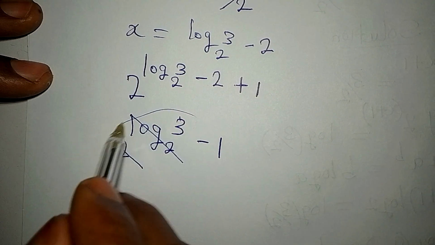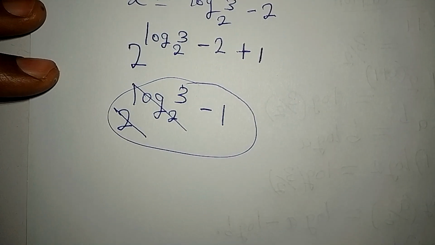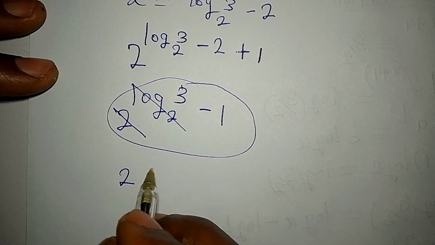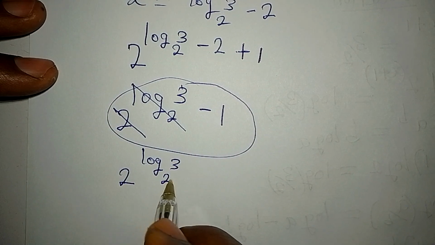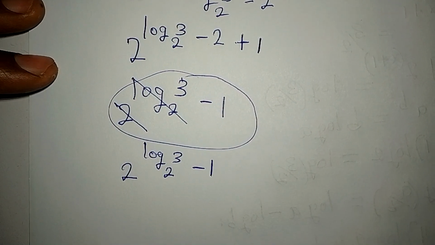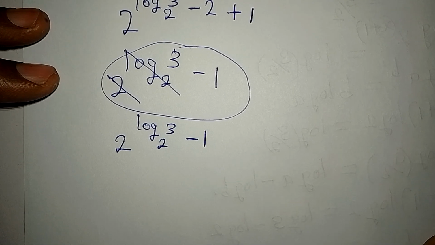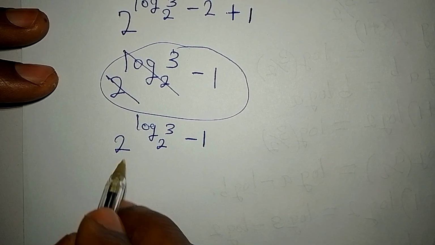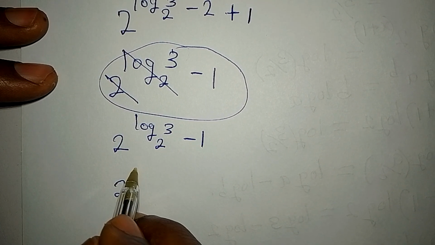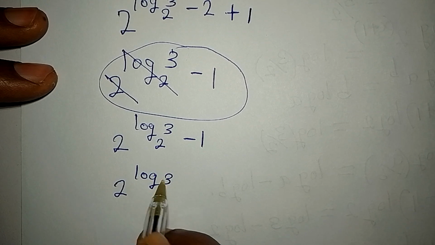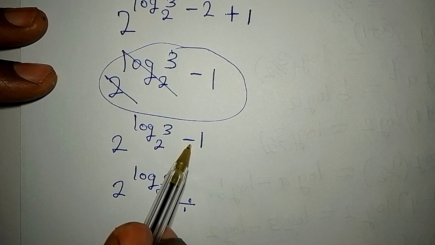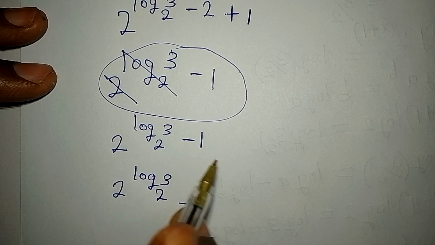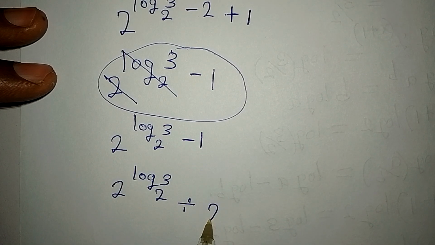But even before then, let's work this. There's something I want to show you. If we have 2 to the power of log 3 to base 2, then we have minus 1, from one of the laws of indices, we can say that this is 2 to the power of log 3 to base 2, then divided by, because of this negative, 2 to the power of 1.